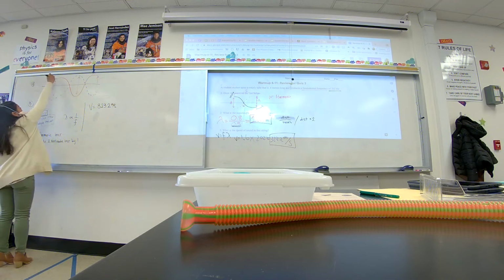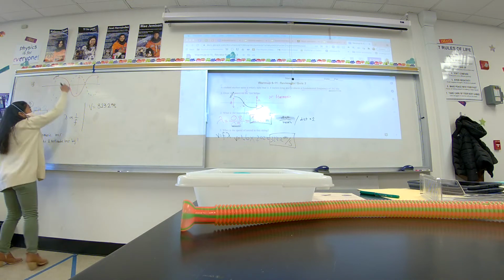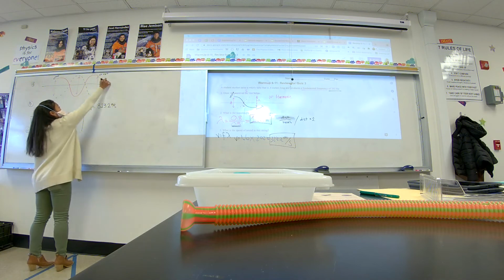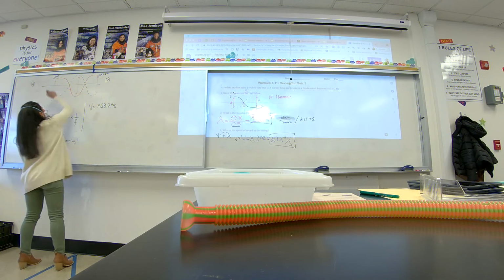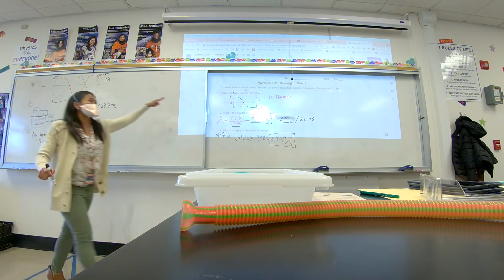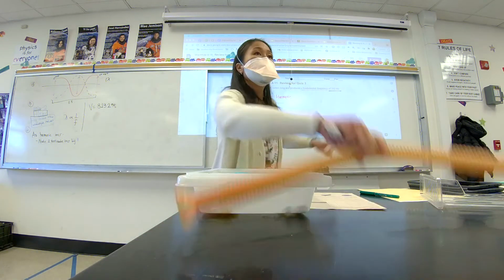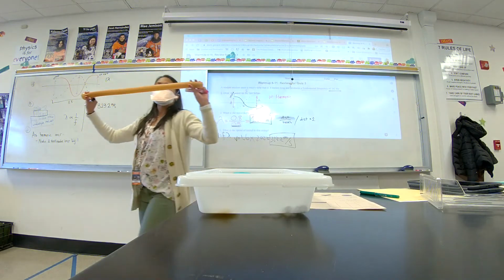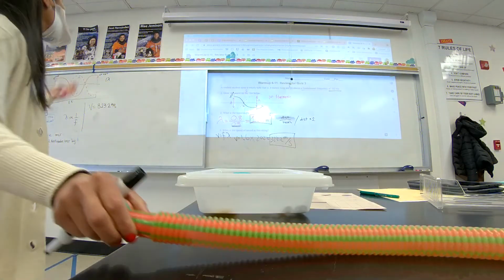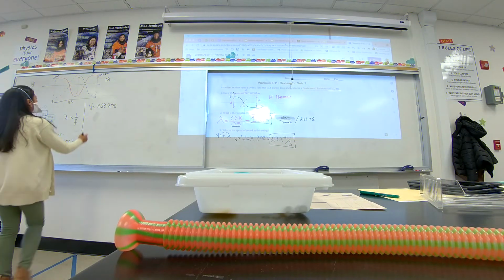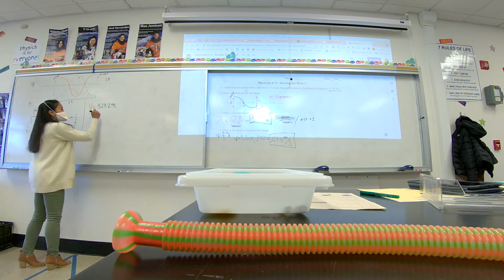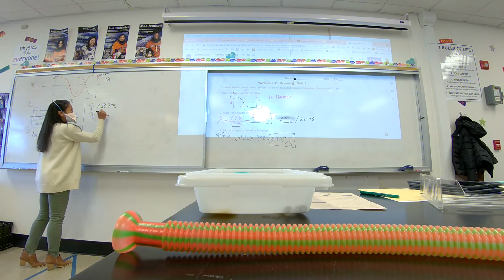I start at a crest, I go down, back up to a crest, so that's one wave. And I know that this distance is 0.8. It's not going to change because remember, the length is the length of the tube. So the length of the tube is never going to change. It's just the number of waves that fit into it. So my wavelength is going to be one full wave in my 0.8 meter tube.